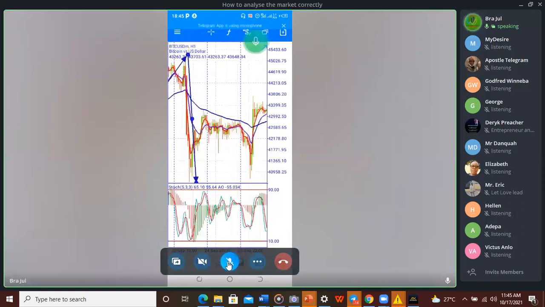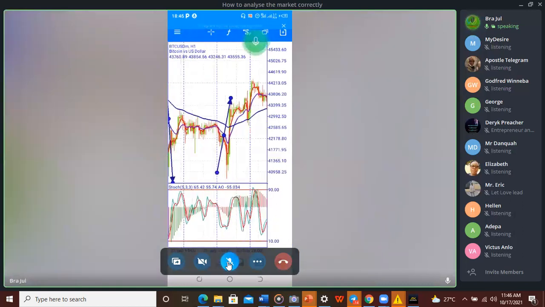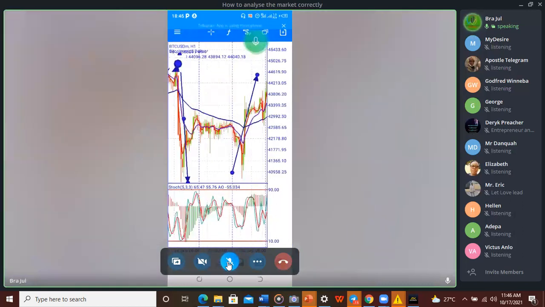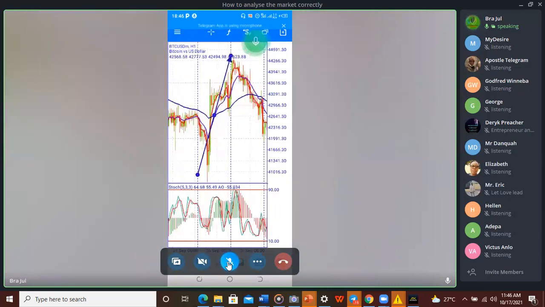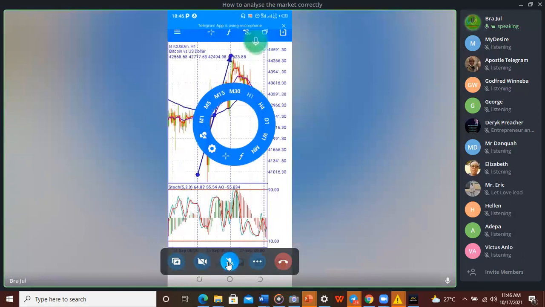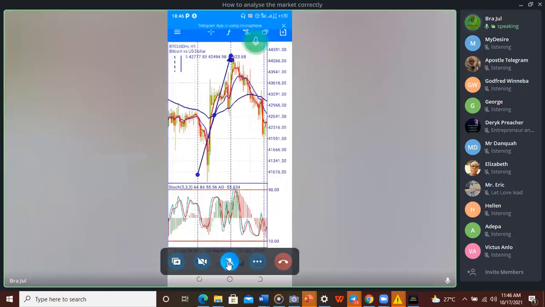It was moving from here towards this level. As it was going, remember that there was a resistance at the top of it, so it could not approach the gate. It got here and broke down to the downside.